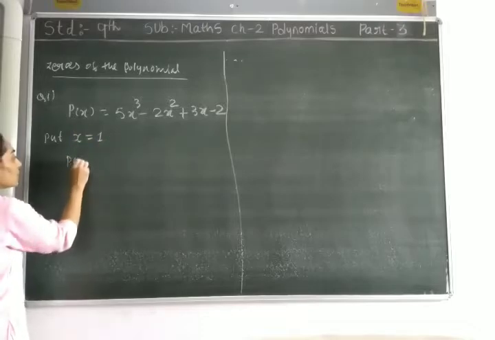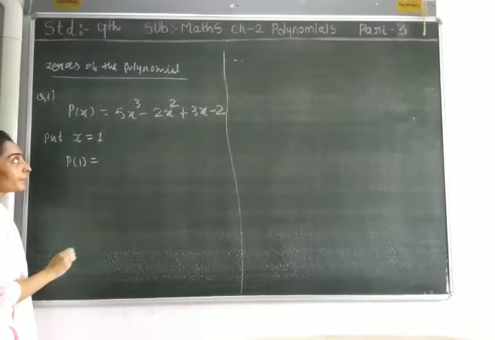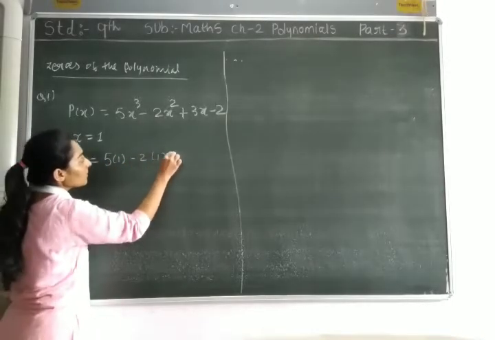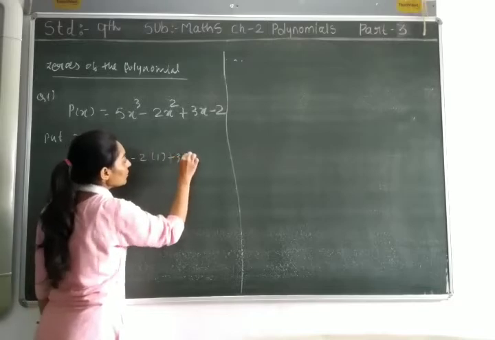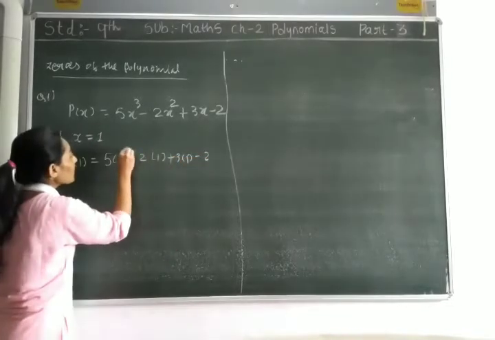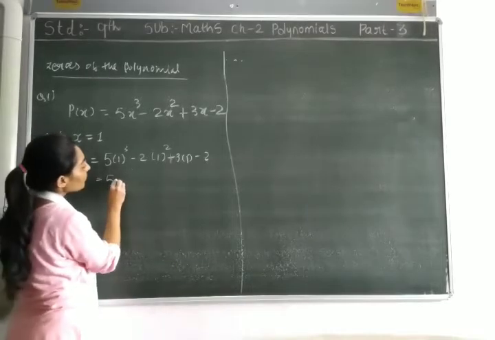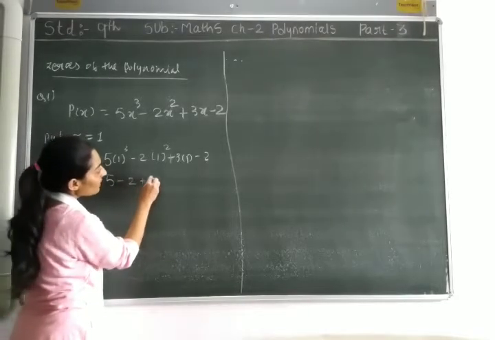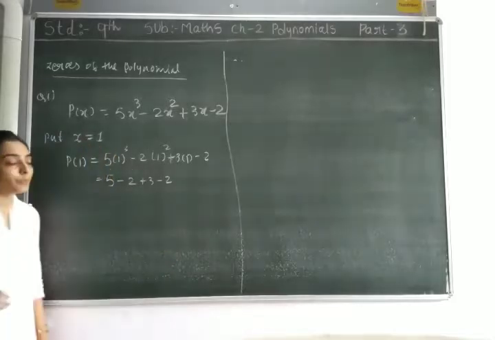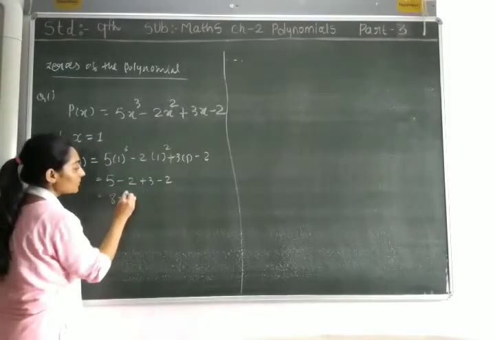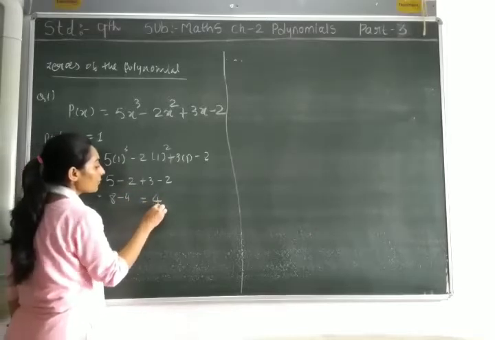So what we have over here is p of 1: 5 minus 2 plus 3 minus 2, where the power is 3 and so 1. Okay. So 8 minus 4, 4.